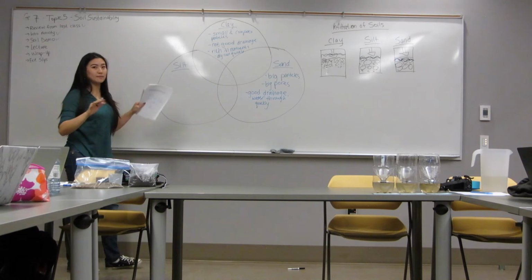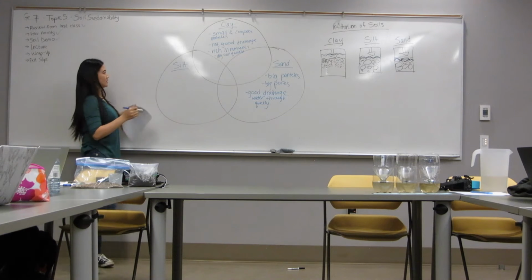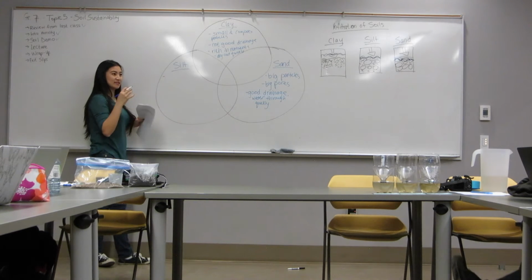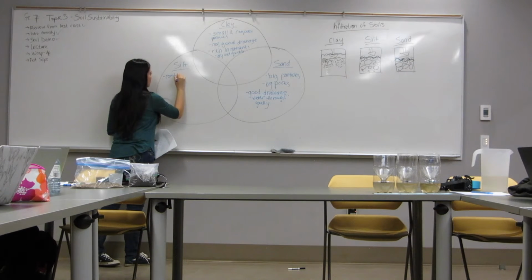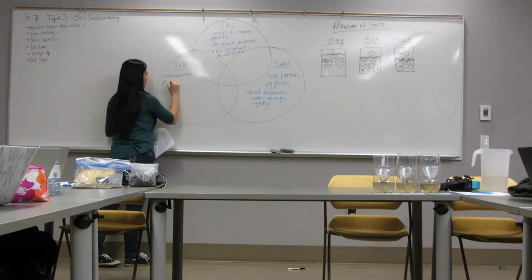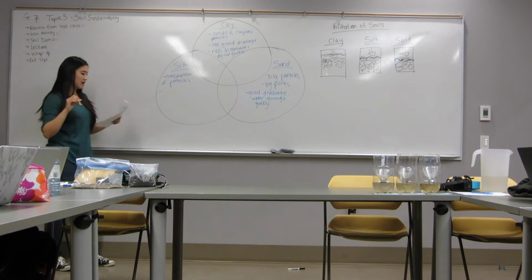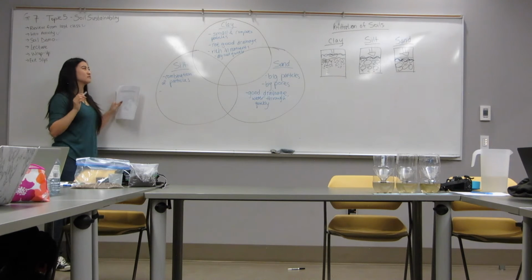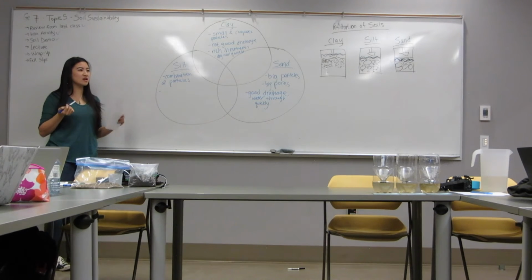If you guys can't see, let me know and I'll say it out to you again. Okay, what about silt? Alex, you mentioned it was a combination of particles? Perfect. Combination of particles. And then do you guys think it would be ideal for gardening, or would it not be ideal for gardening?